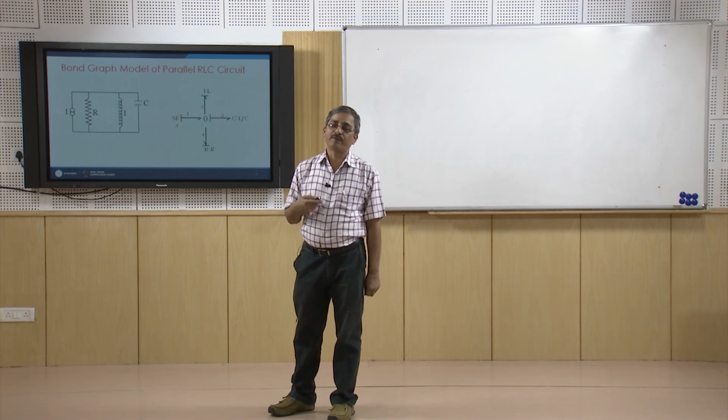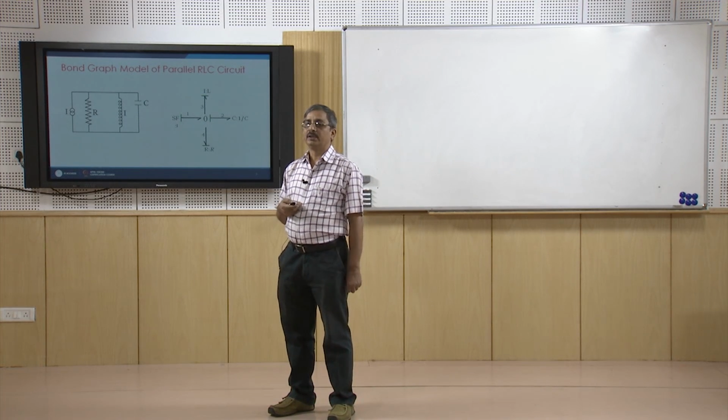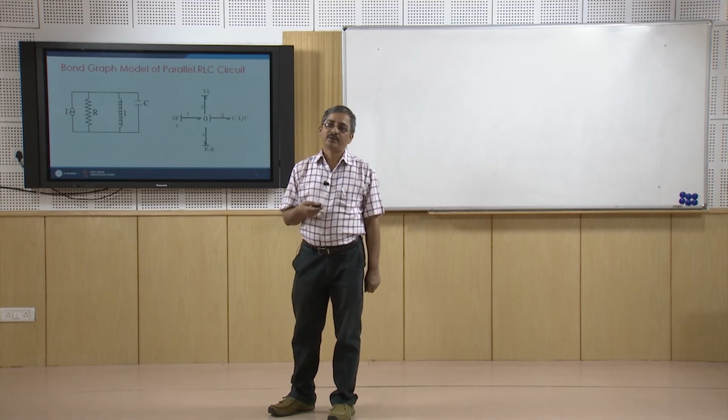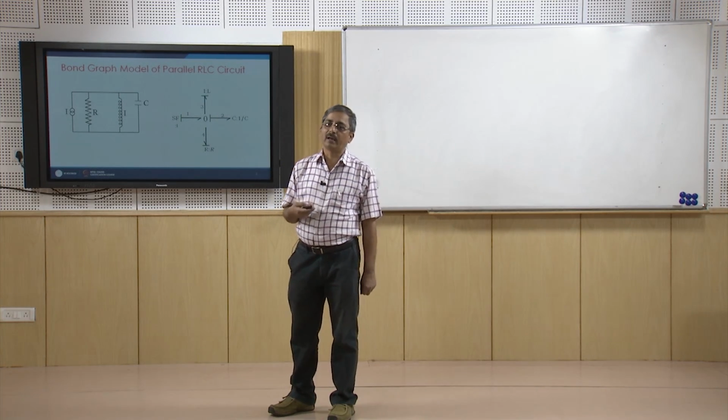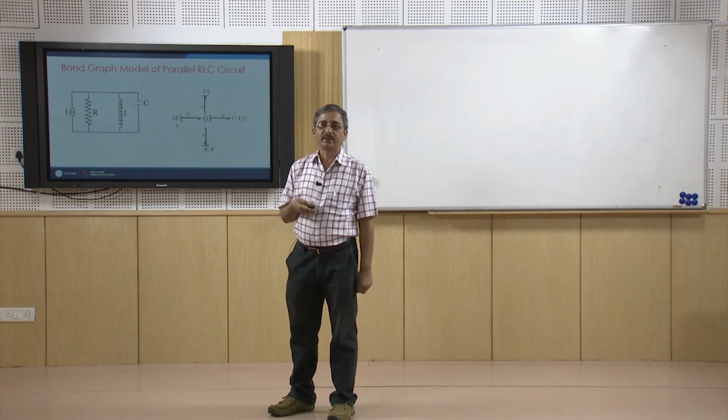What happens if we go for more complex cases or complex electrical systems? Certain methodologies need to be devised to take care of the modeling of complex electrical systems, and we will be seeing those methodologies.